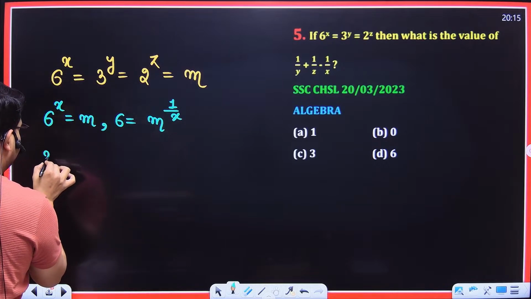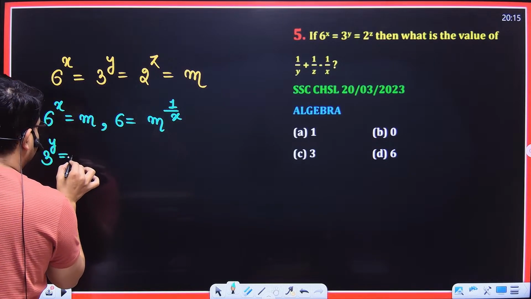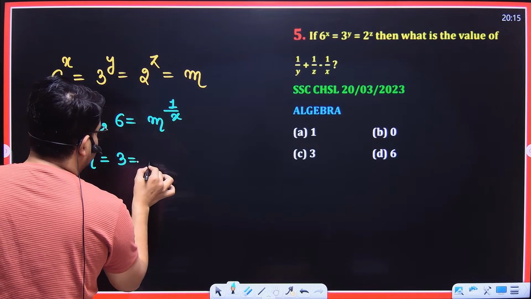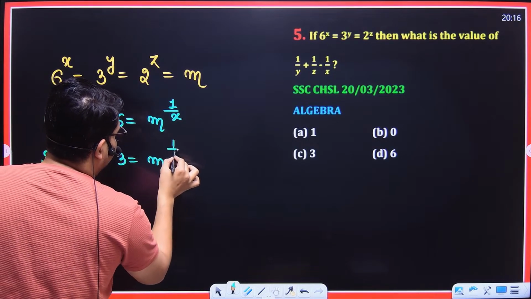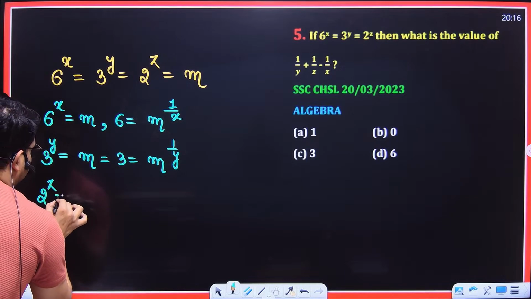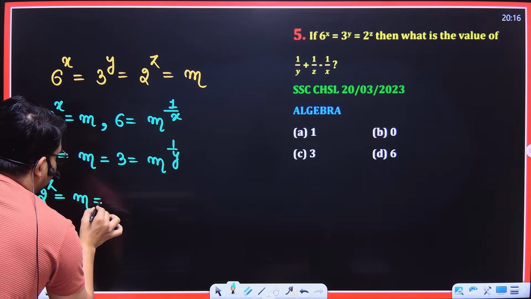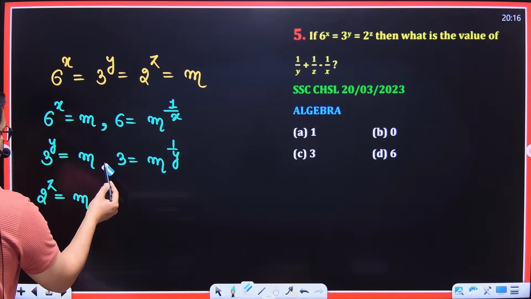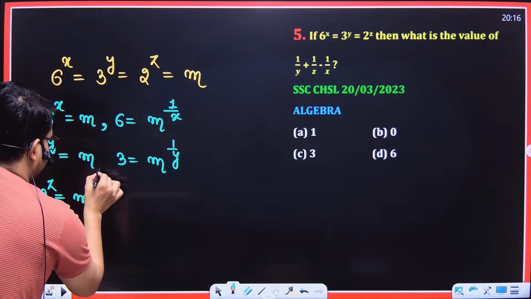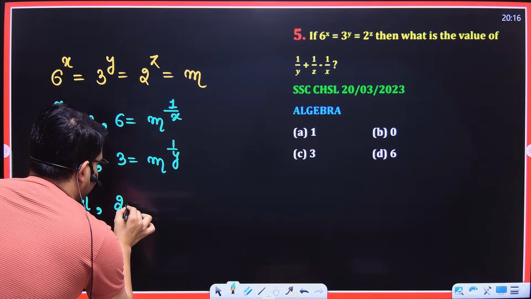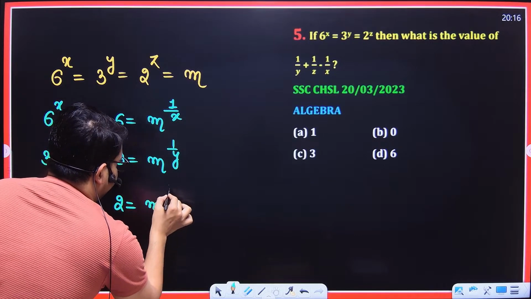So 3 to the power y is equal to m, so 3 is equal to m to the power 1 upon y. Here 2 to the power z is also m, so 2 is equal to m to the power 1 upon z.